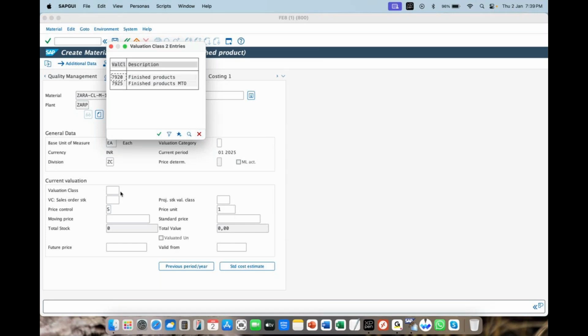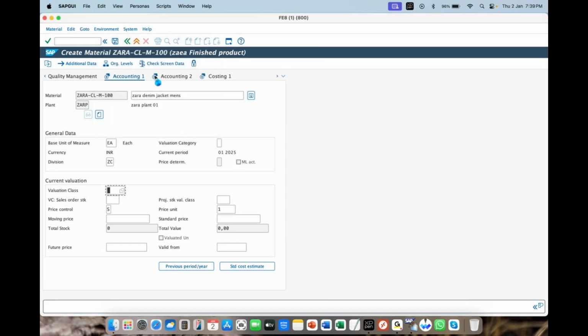It will be set by the finance module. So 7920 is the valuation class we connect, based upon which, whatever price it is, the system understands it's a finished product. Always give 7920.